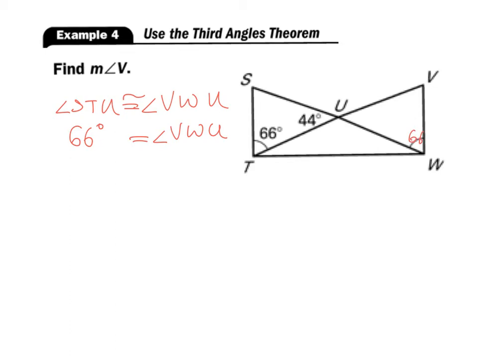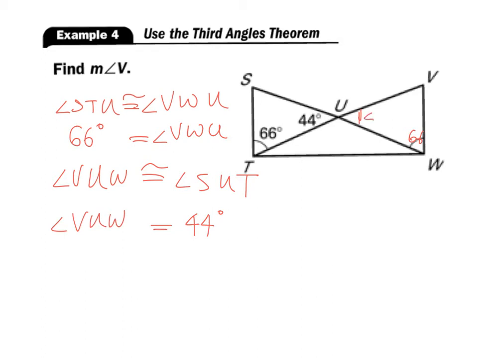That's the first angle. I also need to know this angle, and that angle is easier because the vertical angle theorem tells me that angle VUW is congruent to SUT. And since SUT's angle measure is 44 degrees, my angle VUW is 44.